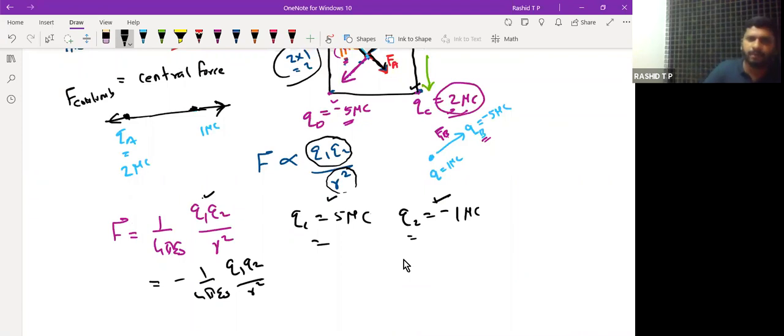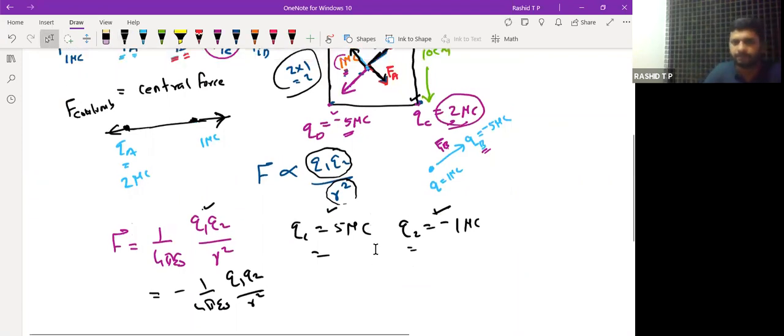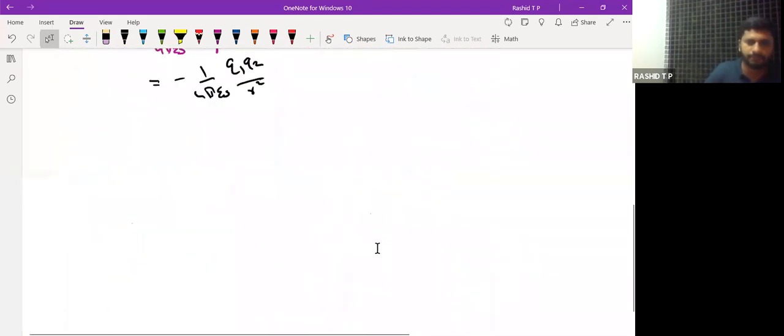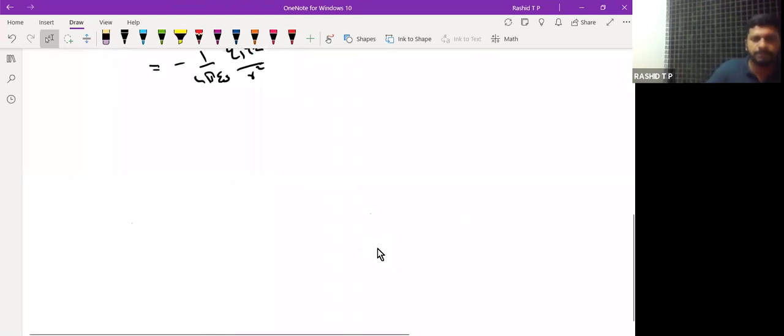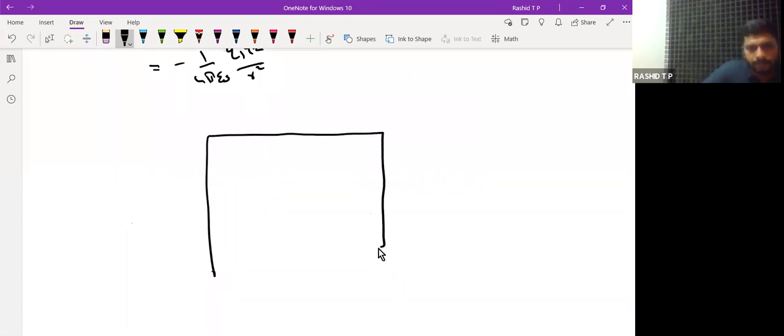Okay, now I will draw the bigger picture of this one, that is the square, and I will explain once again, because this has to be very clear, because in the next session, while calculating the electric field, we will come across the same problem.